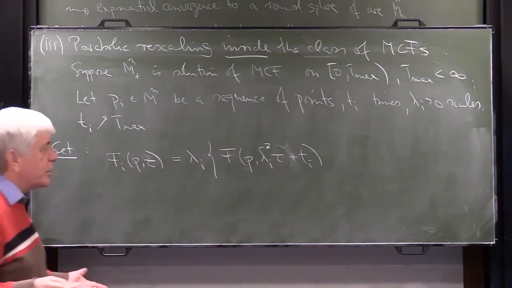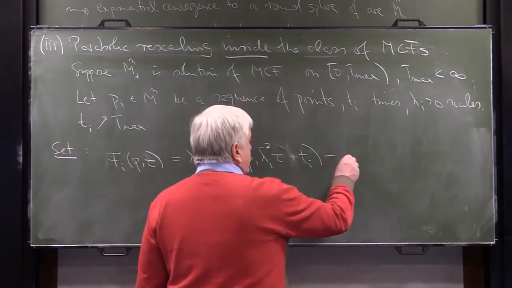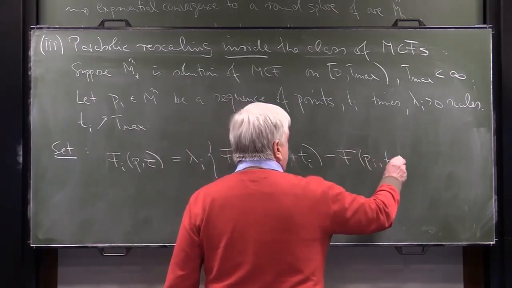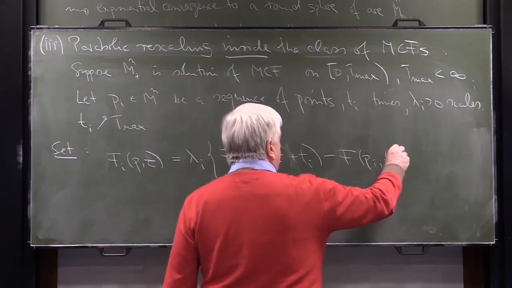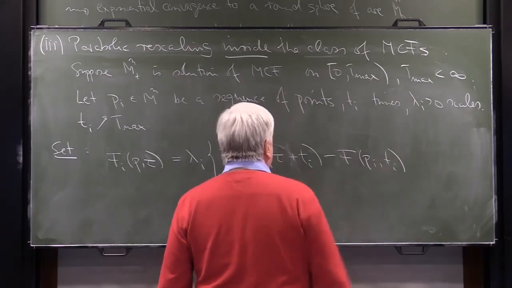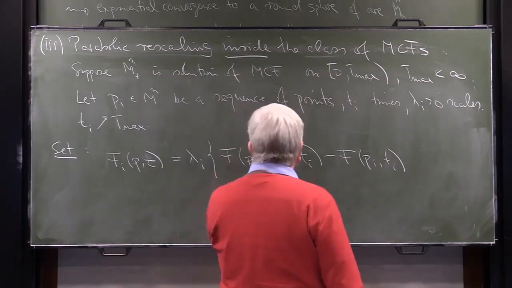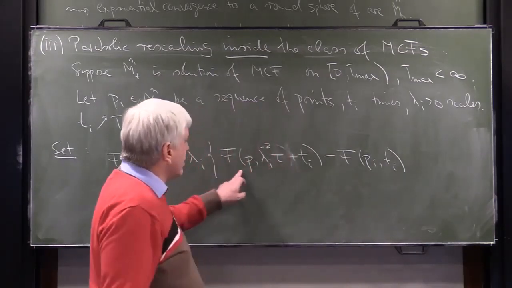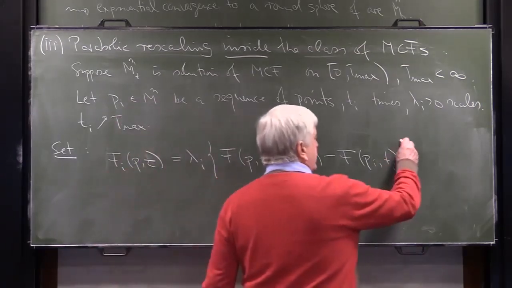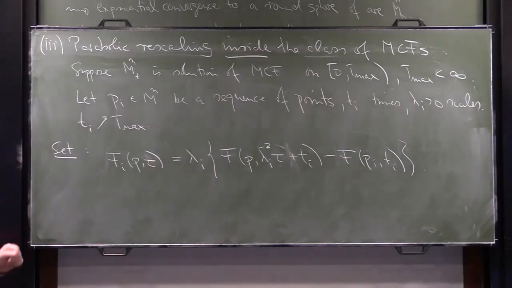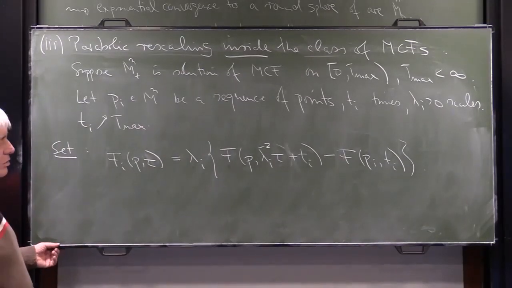And then we can do a shift in space to put the point p_i at time t_i into the origin at time 0. So at time tau equals 0, this will be the origin. So we put the point p_i at time t_i, we shift it in our rescaling to the origin.